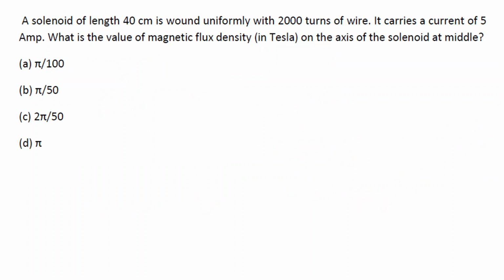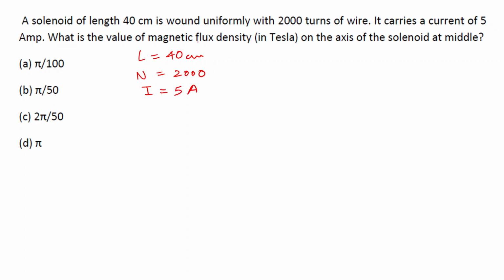So the first question is, if we have a solenoid of length 40 centimeter, okay, so length of solenoid is 40 centimeter and number of turns is 2000 turns of wire. It carries a current of 5 ampere. Current inside is 5 ampere.